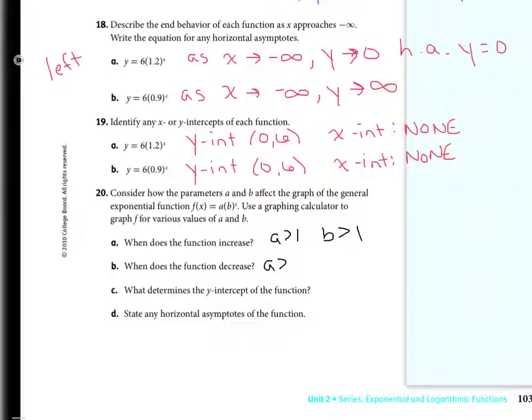We know here when b was a fraction or between 0 and 1, we're going to get this. What determines the value of the y-intercept? Well, that was a, wasn't it? That was our starting point. And our horizontal asymptote, no matter what, was y equals 0. So let's look at a couple of other graphs.